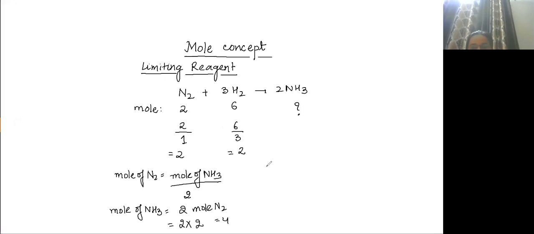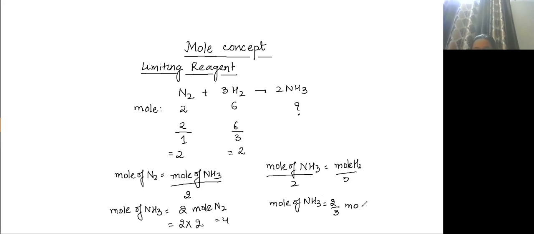Clear? Now moles of NH3 in terms of H2. Moles of NH3 by 2 is equal to moles of H2 by 3. So moles of NH3 is equal to 2 by 3 into moles of H2.